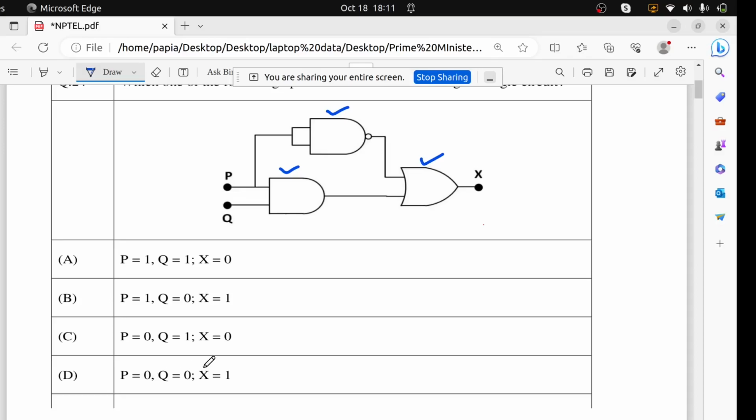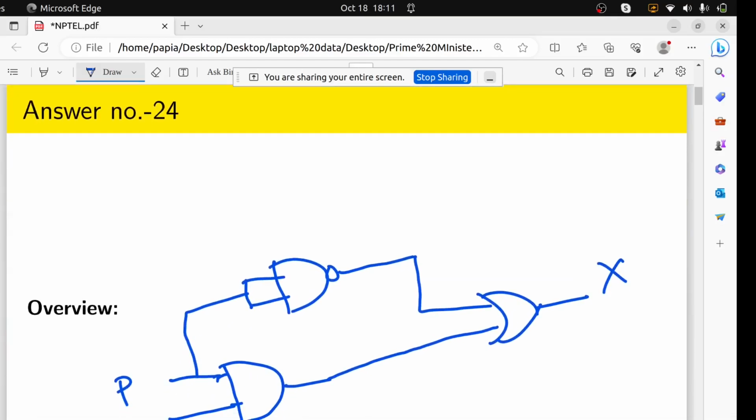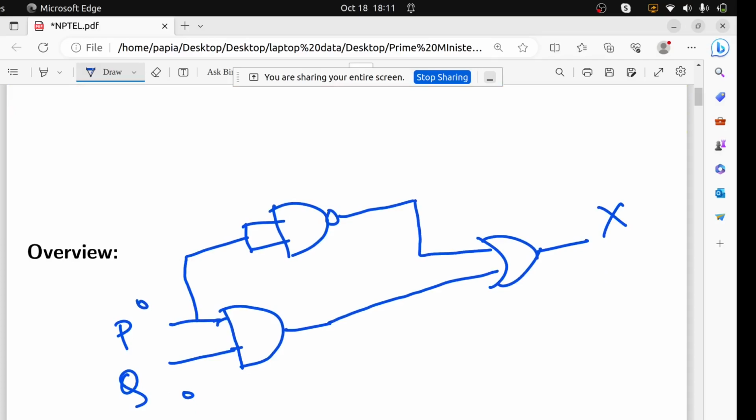We will see. So what is D here? D means P equals 0, Q equals 0, X should be 1. Okay, let me check. So P equals 0, Q equals 0. You can see that 0, 0 in the AND gate, that means it will come as 0, right? Now this P is coming here and it is 0.